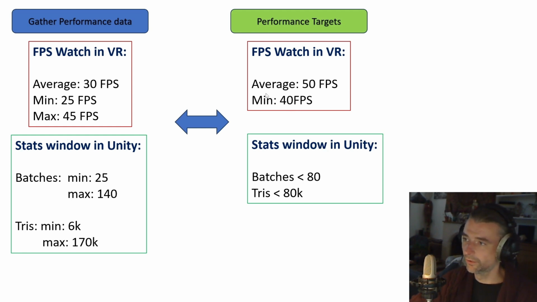So to reach those FPS values in VR, I would highly recommend you optimize your experience and decrease the number of batches and the triangle count. So in the whole experience, you should never have in any place more than 80 batches. And you shouldn't have in any place more than 80k triangles.